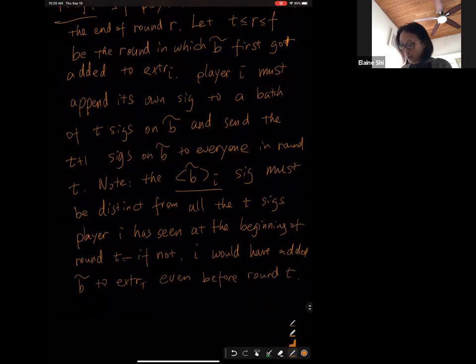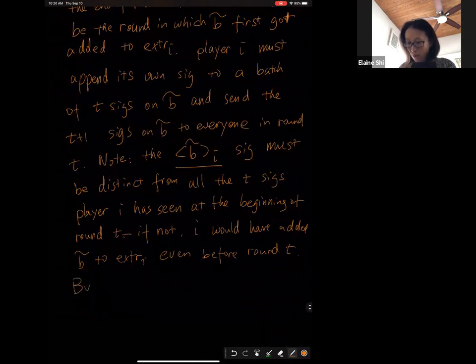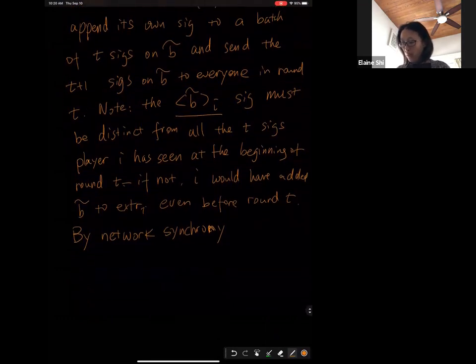So now we can conclude by our network synchrony assumption: whatever an honest player sends in round T will be received by all honest nodes at the beginning of round T+1.